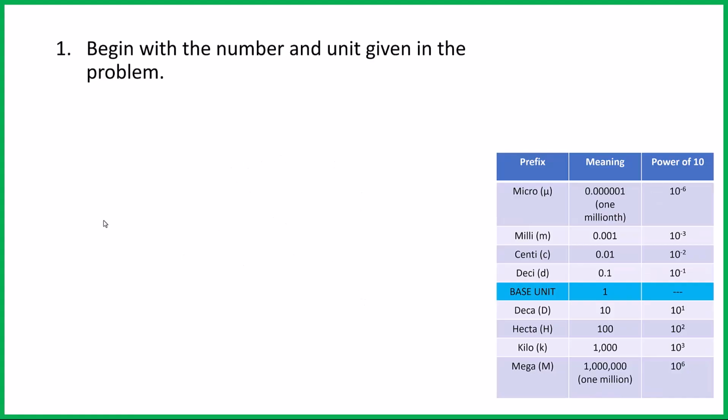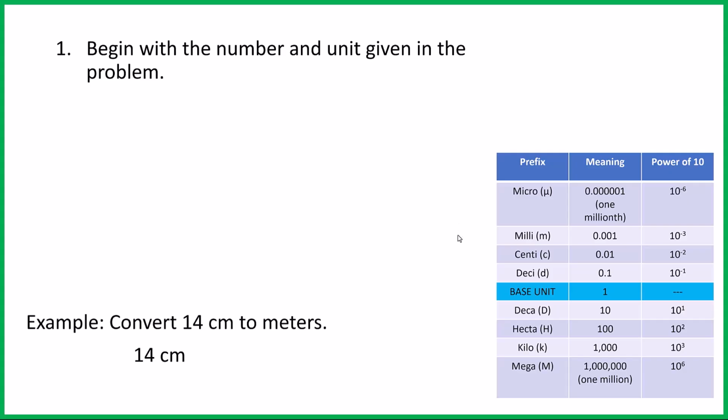In order to solve a problem converting one metric unit to another, we're going to begin with the number that we have and the unit that's given in the problem.